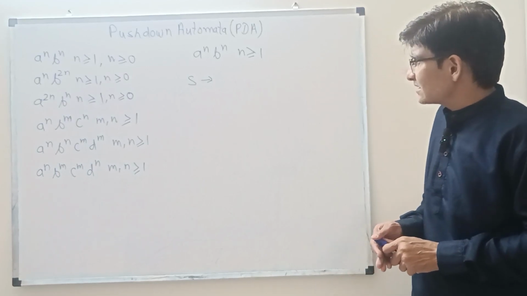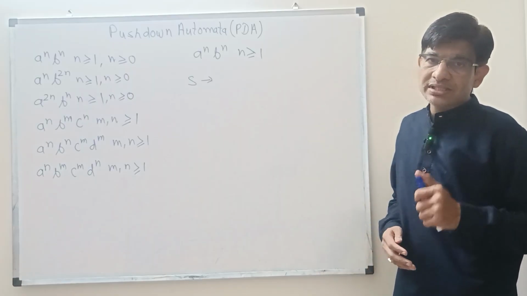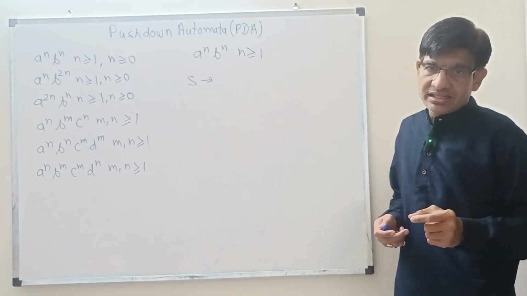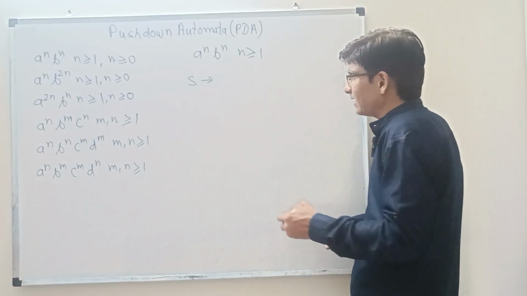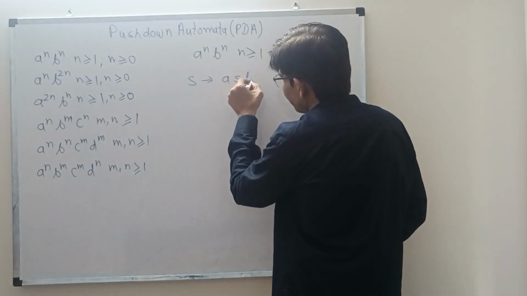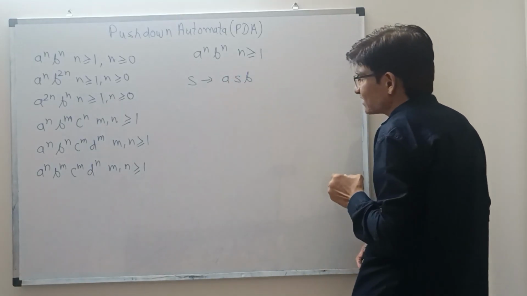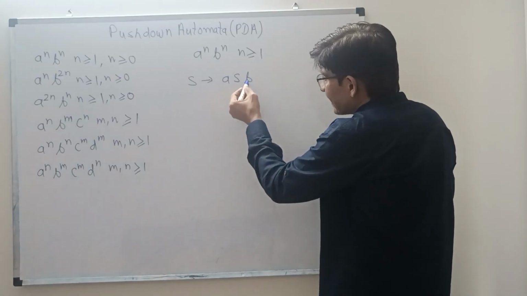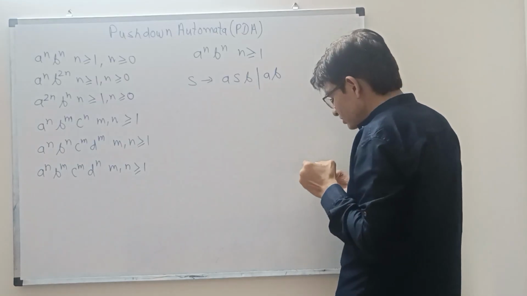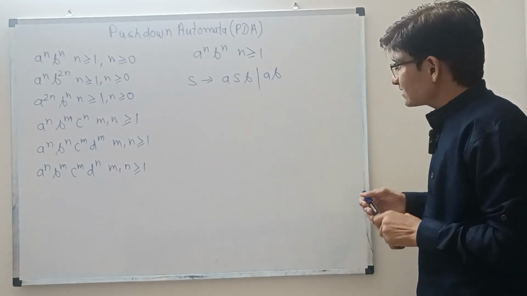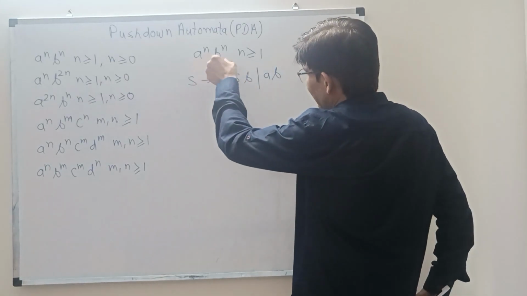So it is necessary to have both a and b generated in the same production. So I can have S gives aSb, or ab. Now this is the grammar for that particular language.